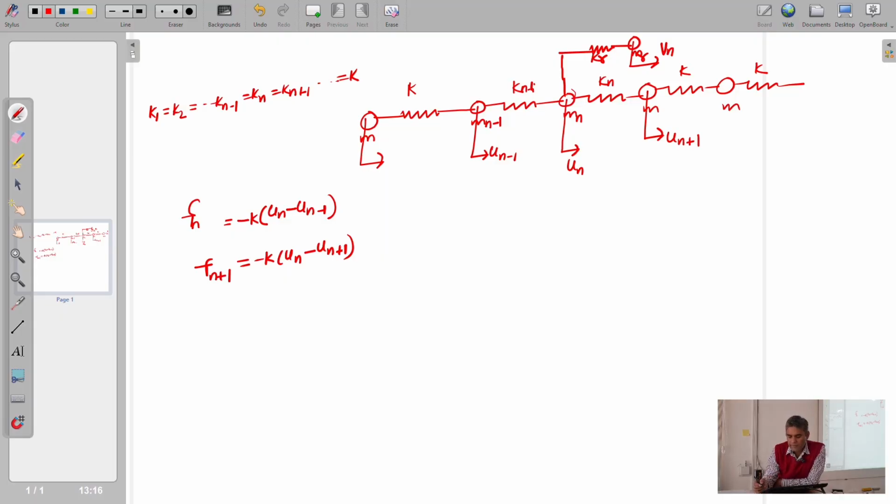So we have mass Mr and Kr, the stiffness of the resonator, and the velocity Vn.